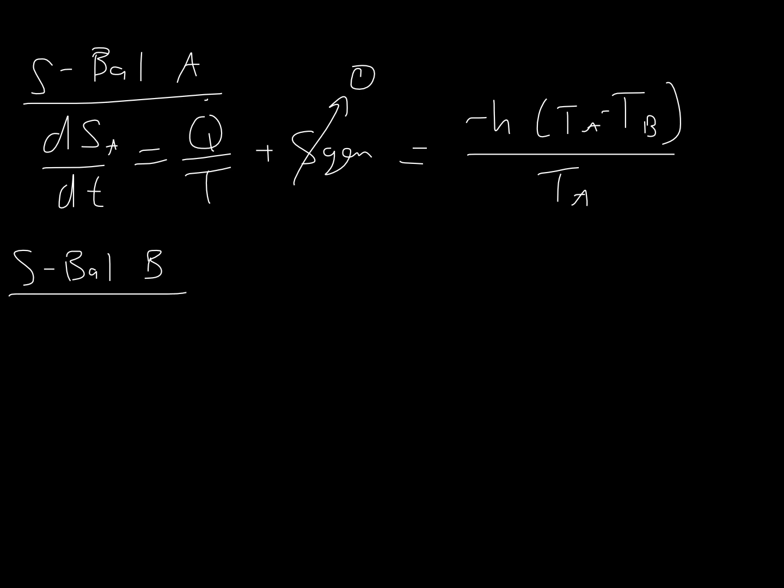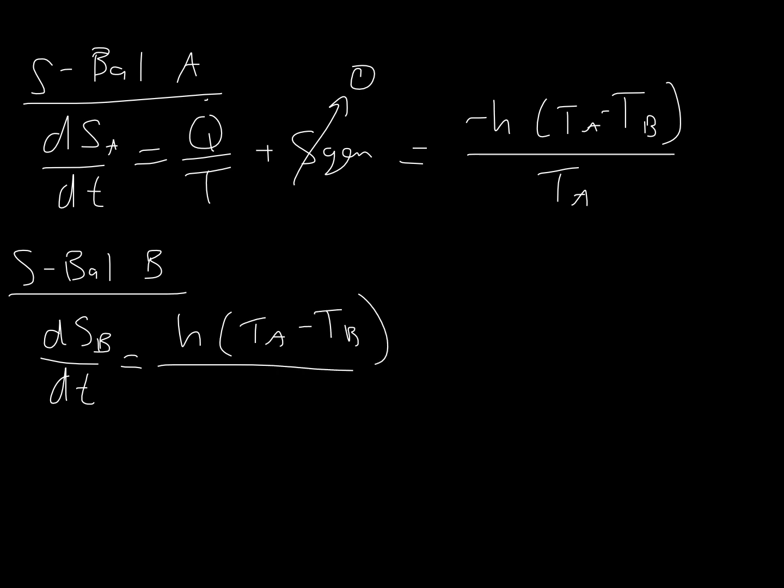We'll do the same thing for the B side. dS_B/dt is equal to H times (T_A minus T_B) over T_B. Notice that the minus sign is gone because the heat is going from one into the other. Now, we don't actually have to know which is bigger, T_A or T_B. The math will all work itself out. If we drew the arrow incorrectly, it'll correct for itself.